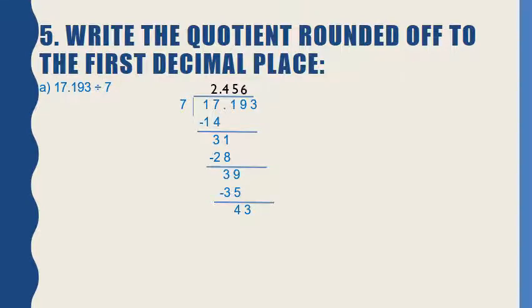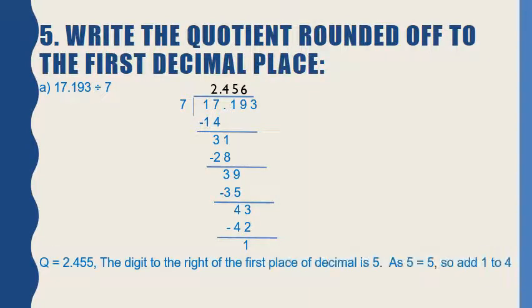So 7 sixes are 42, and in the quotient we will write 6, and now we have got the remainder as 1. So we will stop the division here itself, and now we have got the answer as 2.456. The quotient is equal to 2.456.